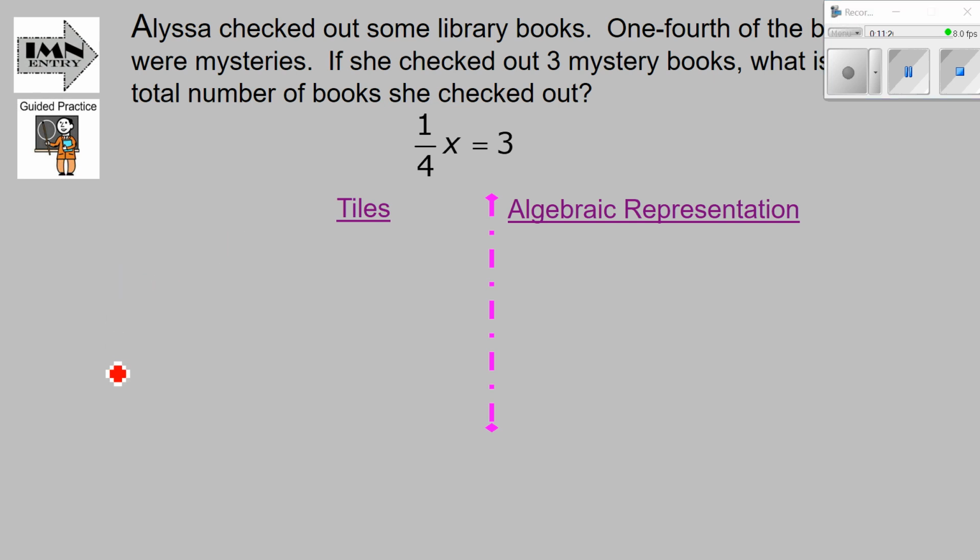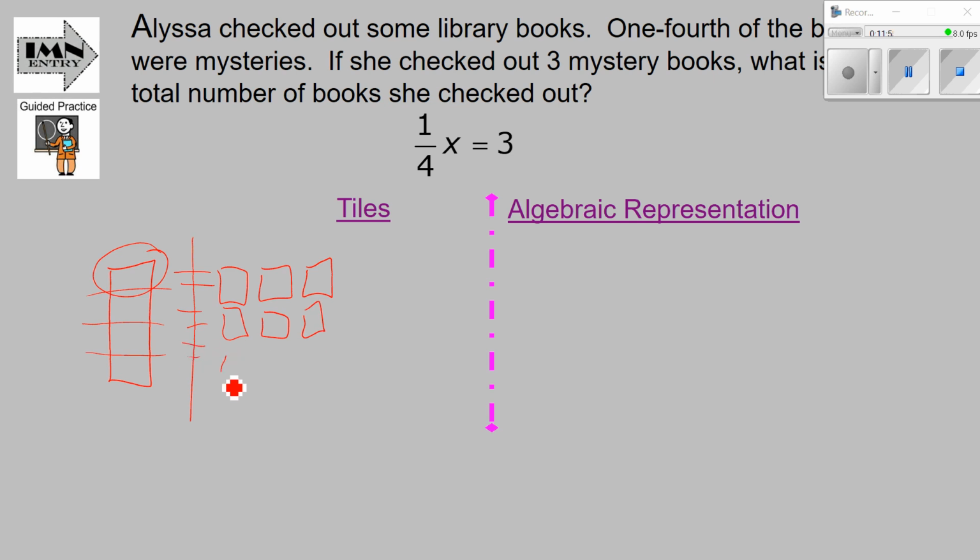1/4 of the books were mysteries. If she checked out 3 mystery books, what is the total number of books? So I know that it's 1/4 of x equals 3. So 1/4 of x, that means x is going to be divided into 4 groups. Okay, so you can model this on your paper. 1/4 is equal to 3, which means that this group is equal to 3.